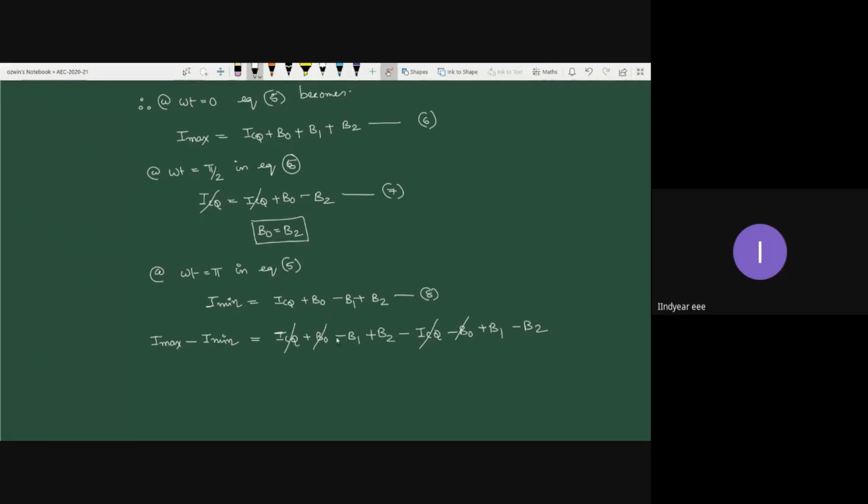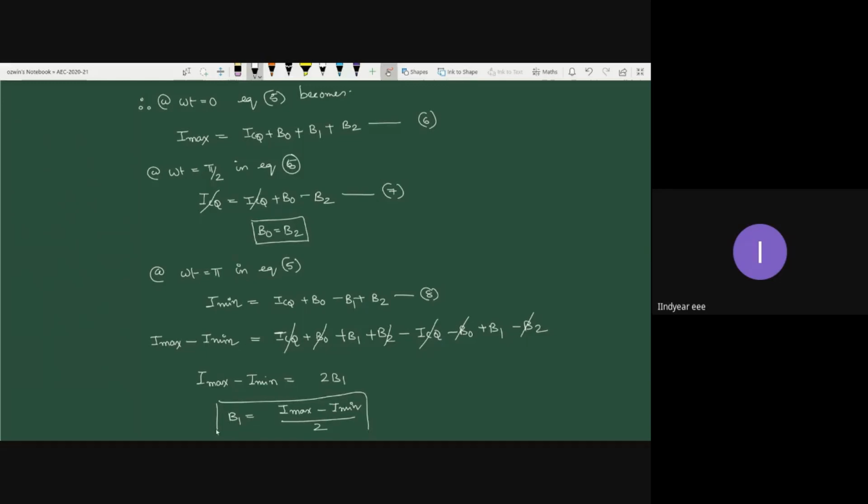This is I max equal to ICQ plus B naught, plus B1. I'm so sorry, this is B1, right? Because of equation 1. So B2 gets cancelled, and you are left with I max minus I minimum equal to 2B1, or the amplitude of the fundamental frequency B1 is equal to the max minus min value of collector current divided by 2. So that is your B1.